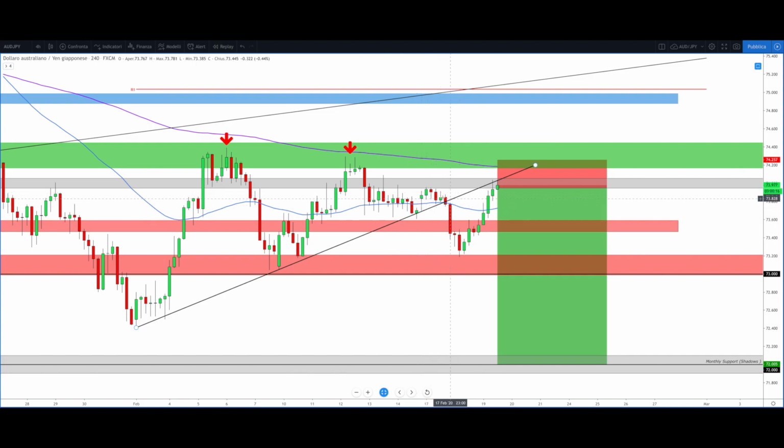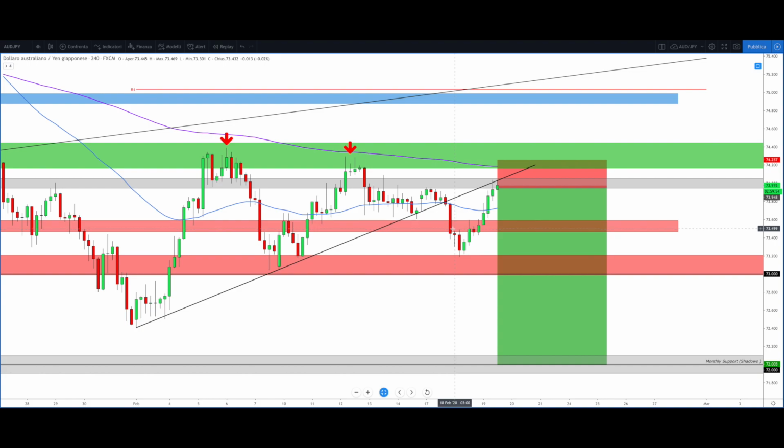The price here at the beginning of the week opened with this bullish gap, tried to go higher and pass here 7.4, this resistance area, failed to go higher, and from this point started a strong bearish movement that broke this bullish trend line and this 50 period MA.